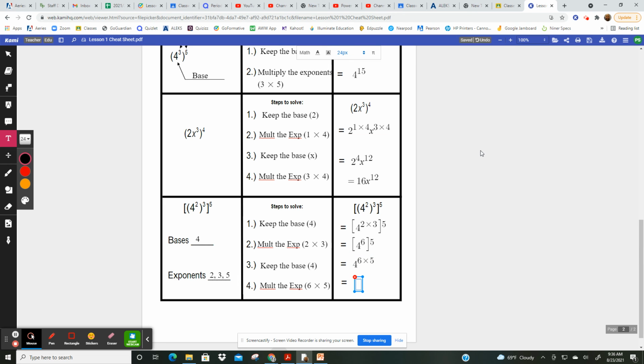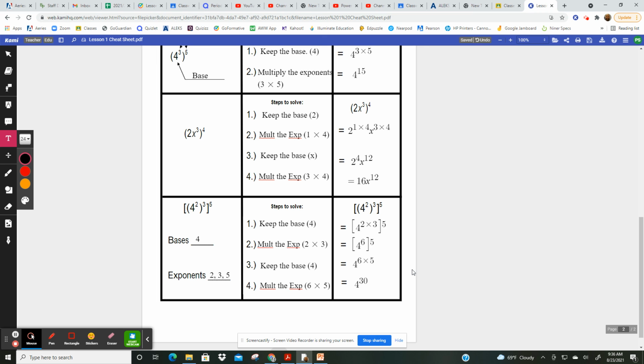Oops, I need to go back to this mode. 4 raised to the 30. Of course I don't expect you guys to do 4 to the 30 because that is just too big of a number, unless there's a calculator, but still I think that's a pretty large number. All right, so there you go.